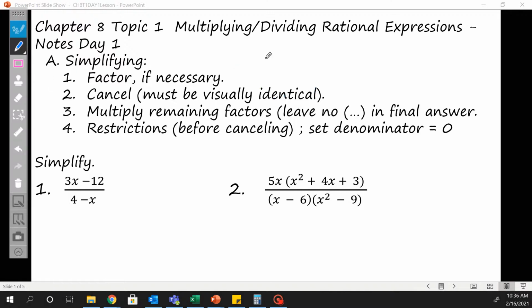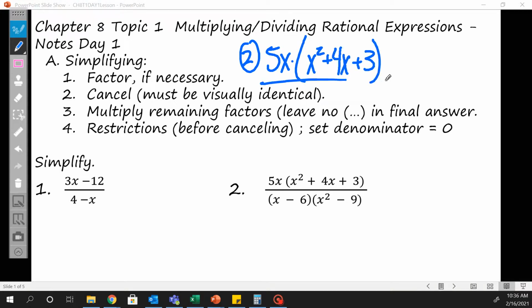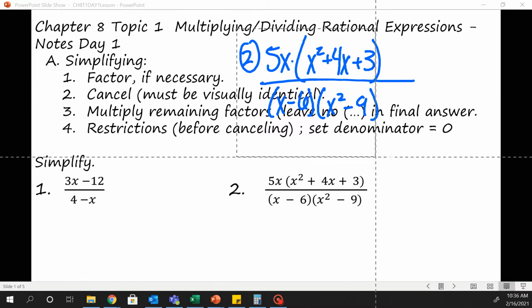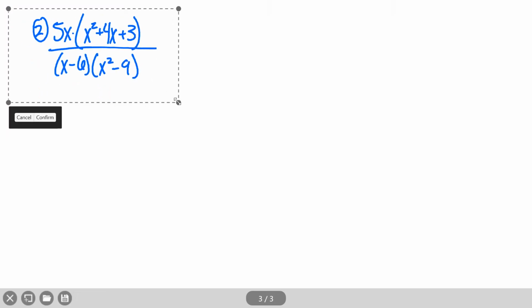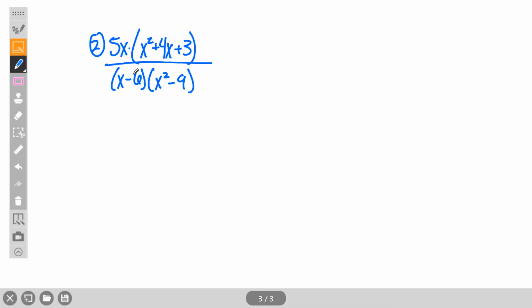Number 2. 5x times x squared plus 4x plus 3, divided by x minus 6 times x squared minus 9. Some of this is factored, some of it is not factored. We need to make sure all of it is factored. In the numerator, the 5x is factored out, but the x squared plus 4x plus 3 is not factored, and that can be factored because 3 times 1 is 3, and 3 plus 1 is 4.